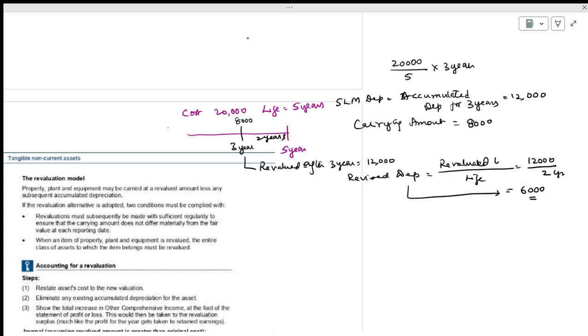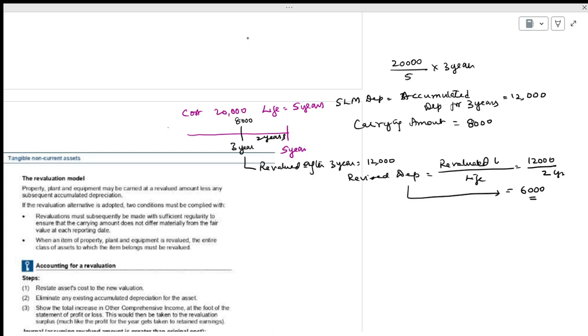If there is a residual value, it will be reduced from the revaluation. They will give you that information. Usually they will not make things complicated.